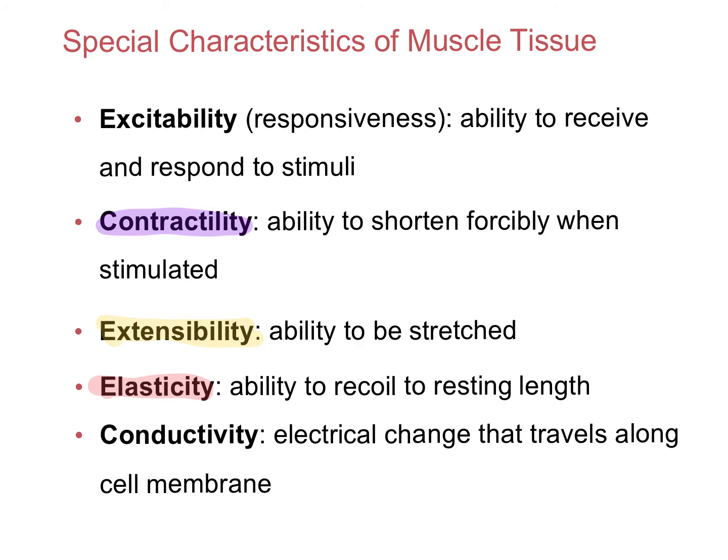Now the last two are what makes muscles unique to a point. It makes them able to respond to stimulus. Most of the time, our skeletal muscles don't just contract on their own. There has to be something that starts the contraction.